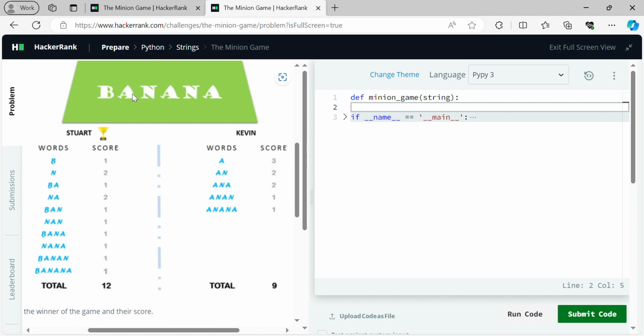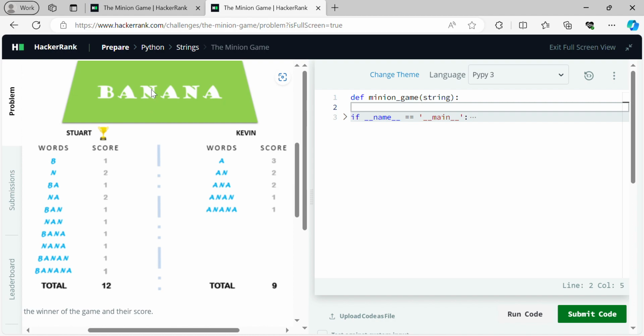And the next consonant is there in the fourth position. So by using the third place, we can calculate how many substrings Stuart gets.